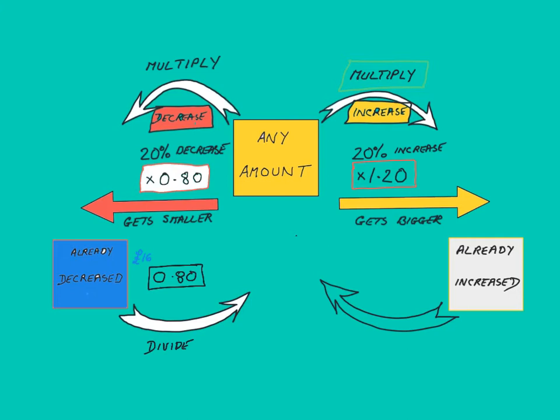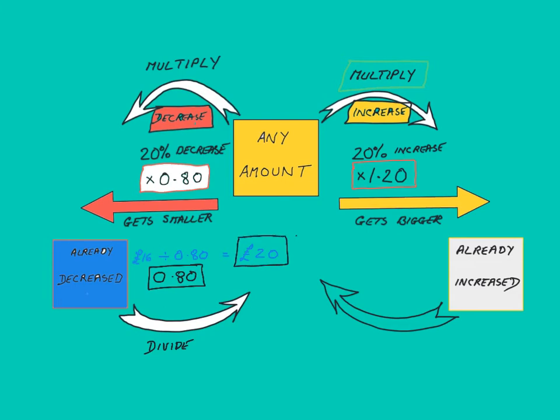And 16 divided by 0.8 is 20. So something that costs £16 now originally cost £20.